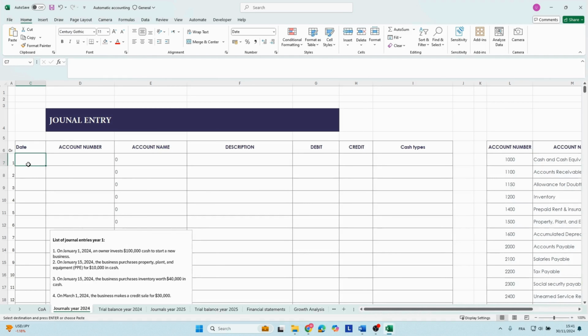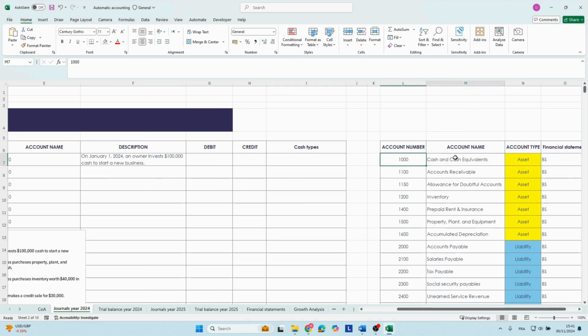So here we put the date, which is the 1st of February 2024. We put the description here. Then we say that we put the money in our bank account, so our account will increase. Here you can see the account number, cash and cash equivalent.